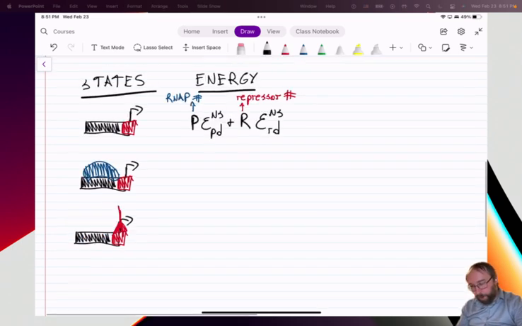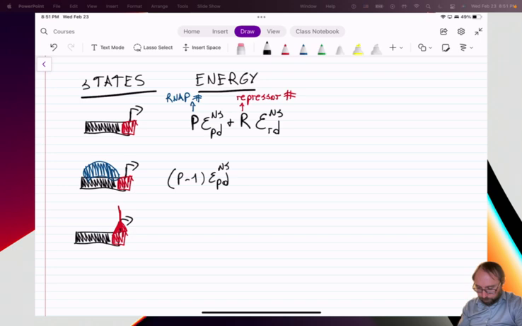Now, if I have one polymerase that came out of the reservoir to bind specifically, I'm going to have P-1 epsilon PD non-specific plus R epsilon RD non-specific plus epsilon PD specific. There you go. So this is one RNAP bound to promoter.